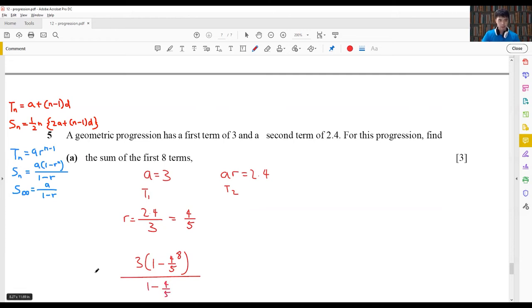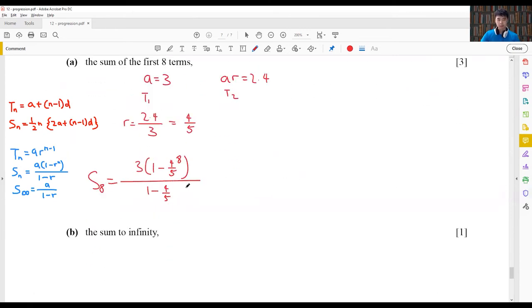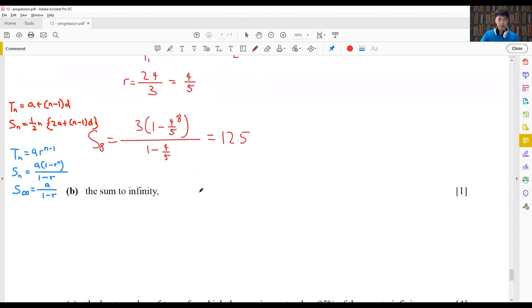And this is your sum of the 8 terms formula. What you're going to do is type this into the calculator, and you should have gotten the answer of 12.5. Okay, that's your sum for your geometric progression.